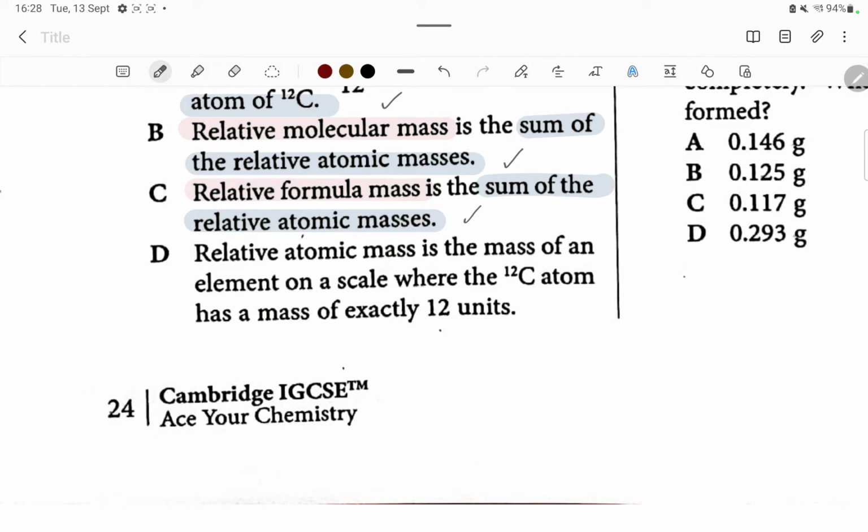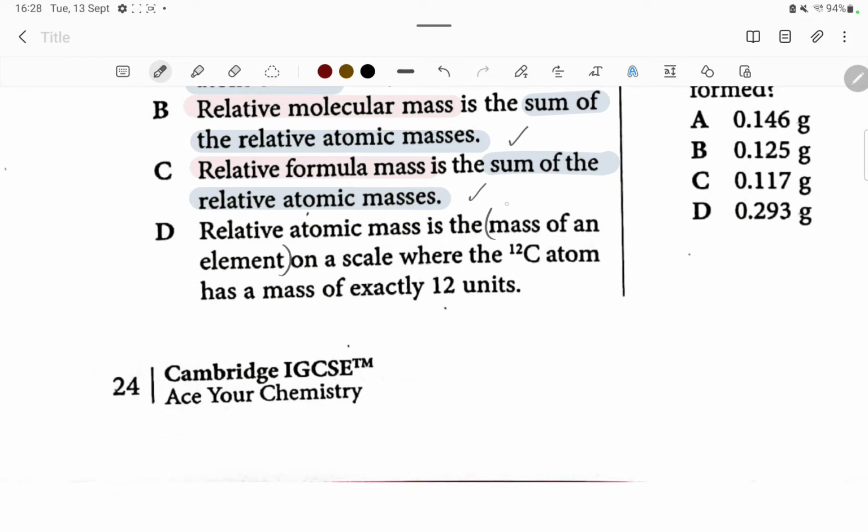But this part wrong. Mass of an element. This one you have to write the average mass of naturally occurring atoms of an element.